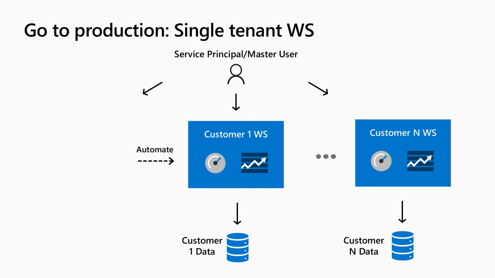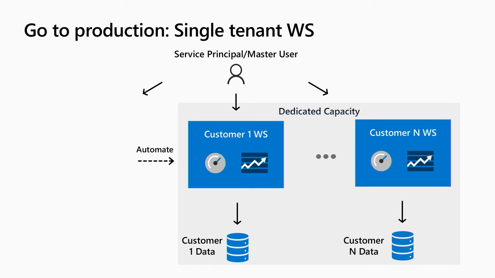So this means that if you have n users, you will have n workspaces connected to n data sets, right? And once you do that, then you need to assign all those workspaces in a dedicated capacity.